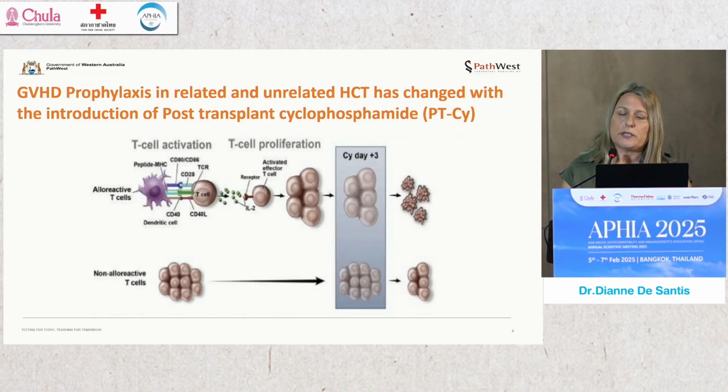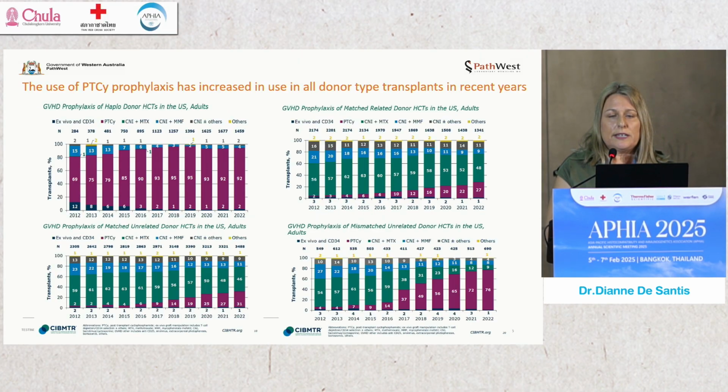Haematopoietic stem cells and resting T cells are relatively resistant to cyclophosphamide, which preserves the T cells that recognise viral antigens and enhances immune reconstitution. So as you can see here, between 2001 and 2008, initial clinical trials demonstrated that PT-Cy effectively prevents severe graft-versus-host disease while allowing engraftment.